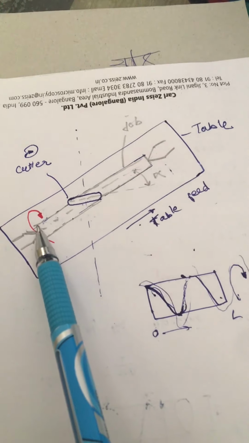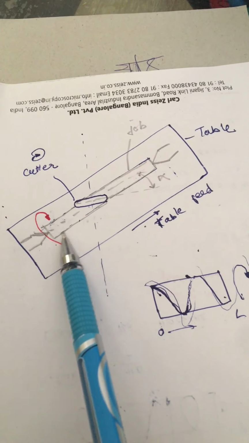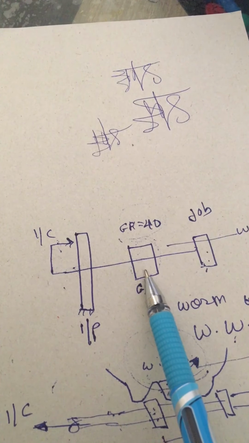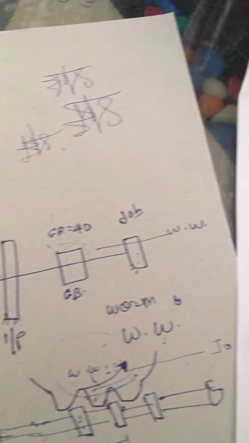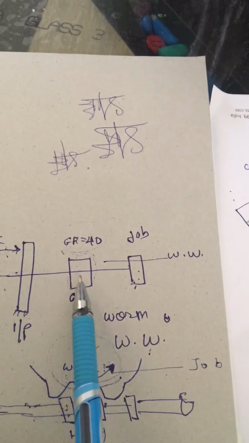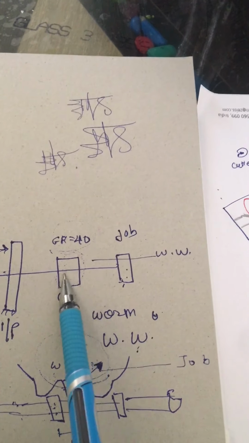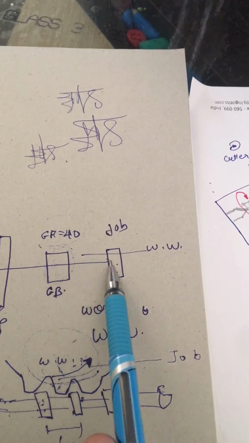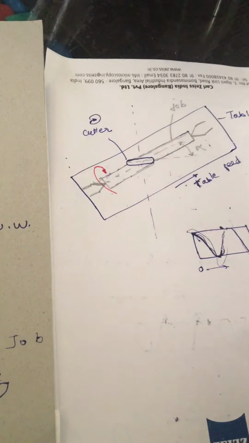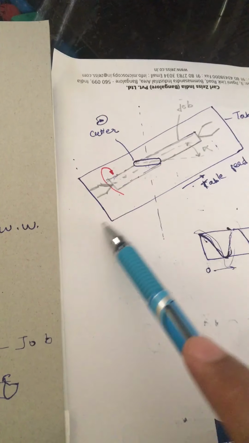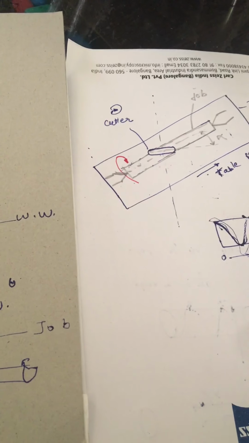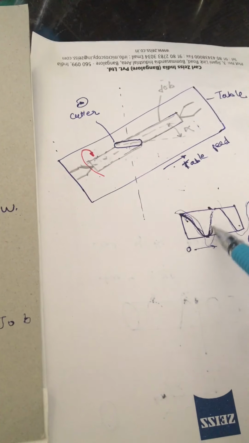But the reduction that I'm getting with the help of the gearbox must also be given to the table, because what we just saw is the table feed. This motion and the rotation must both be synchronized in order to get a proper helix.